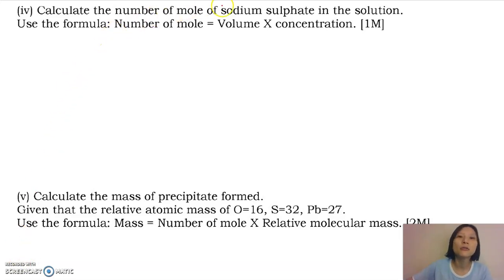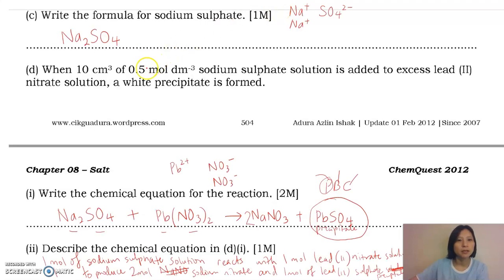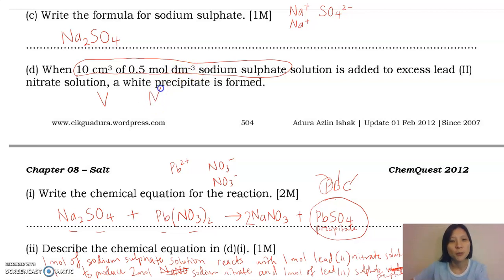Calculate the number of mole of sodium sulfate in the solution. So we look back at the question. Now it says here, sodium sulfate, 10 cm cube, that is your volume, 0.5 mole per dm cube, that is molarity.